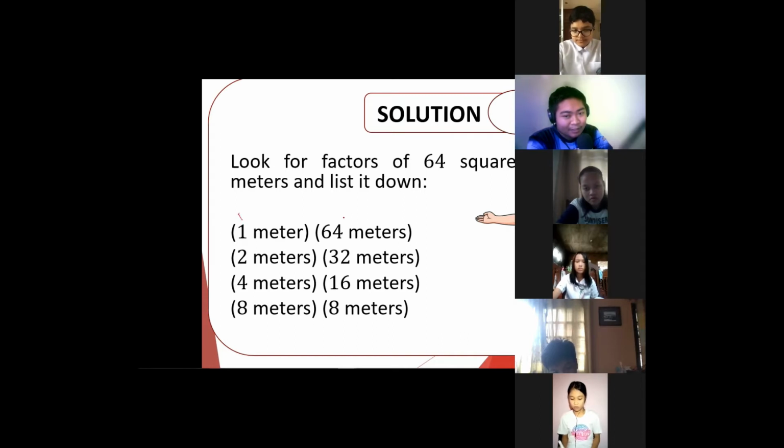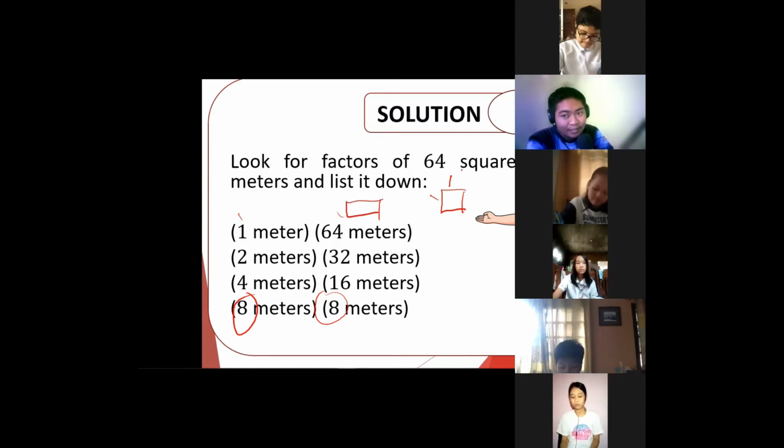Are 1 and 64 the same? All of that, are they the same? 8 and 8, right? They are the same. Therefore, if we have a square, it cannot be 1 for one side and 64 for the other side. That would be a rectangle already.